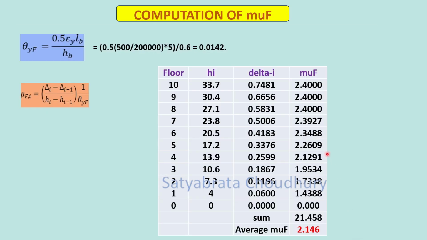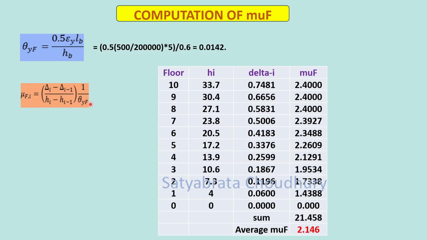Then you have to calculate the ductility of the frame, mu f. So ductility of the frame changes with floor. There is this formula we have discussed earlier in previous video. Delta i is the displacement of the ith floor level. Delta i minus 1 is the displacement at the bottom floor level.